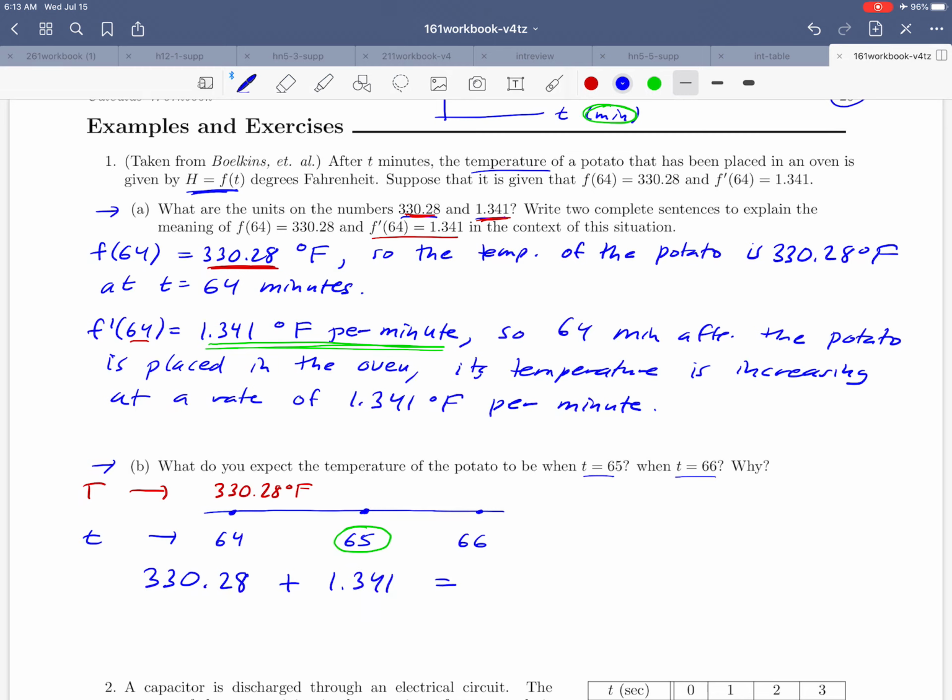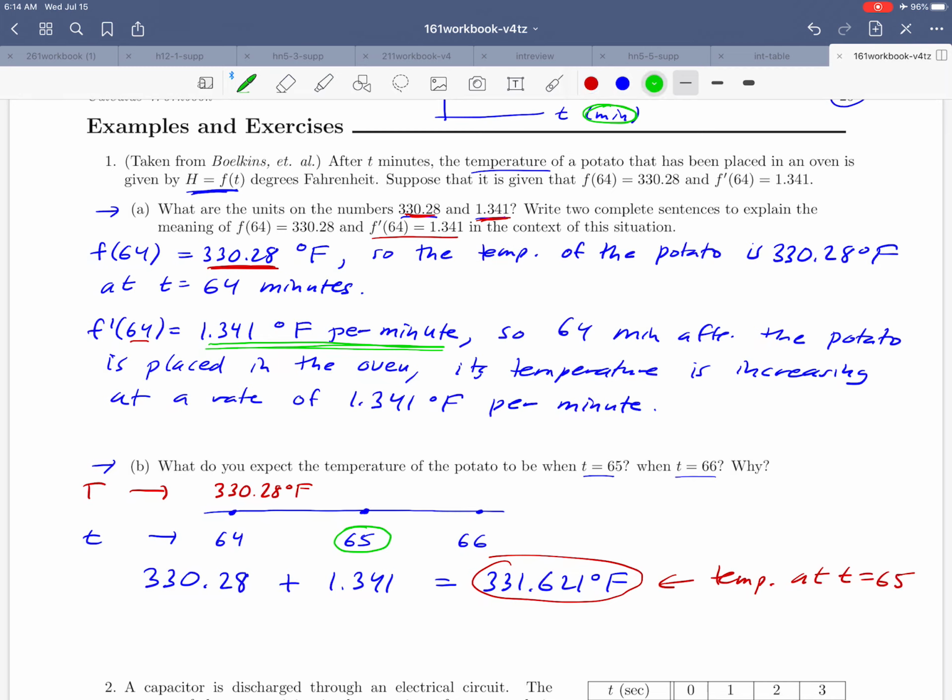If we add those, we get 331.621. Oh, whoops, 621. And that would be our best estimate of the temperature at t equals 65.